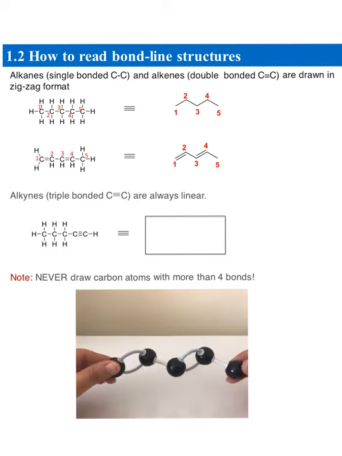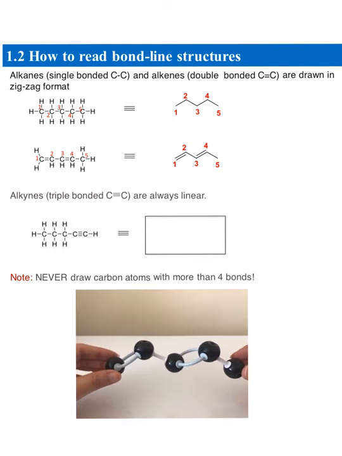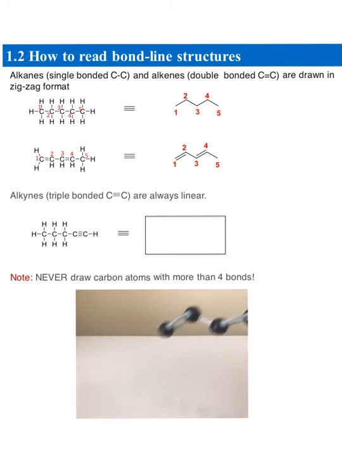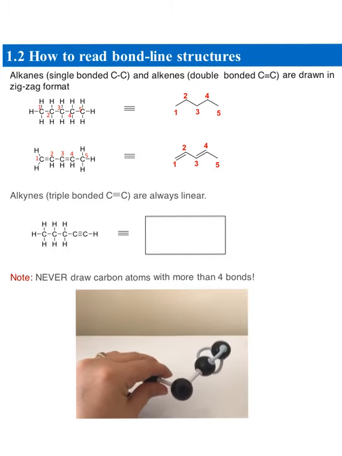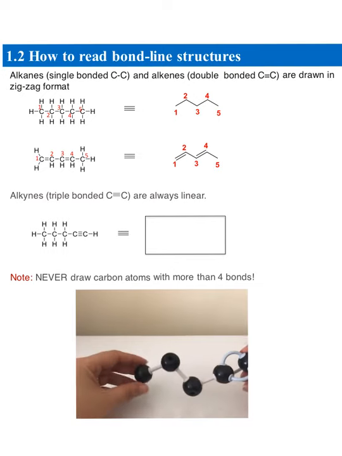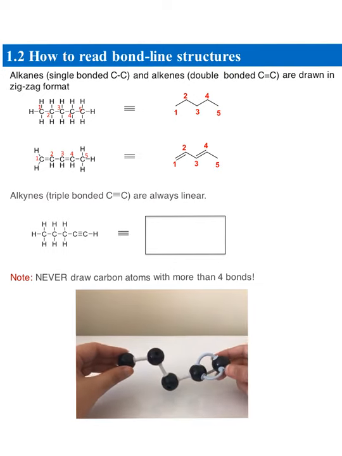The 3D model shows that the alkene is in a zigzag format, and that's the reason we draw it in a zigzag format on paper as well, to resemble the actual model as much as we can.